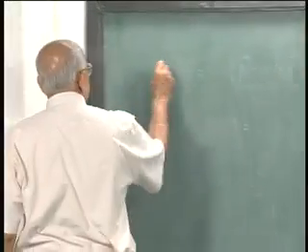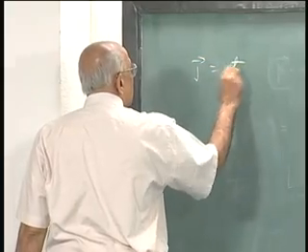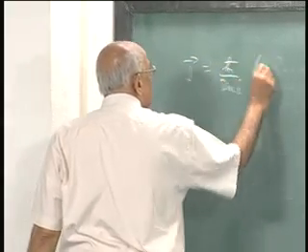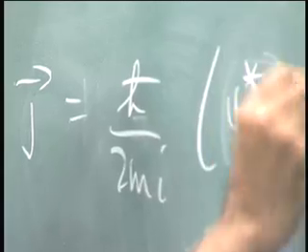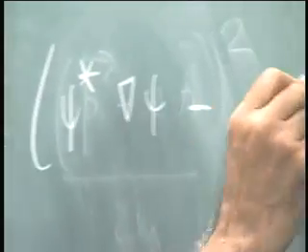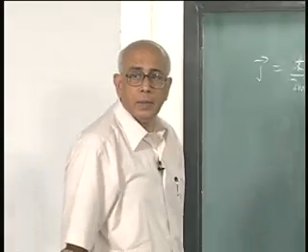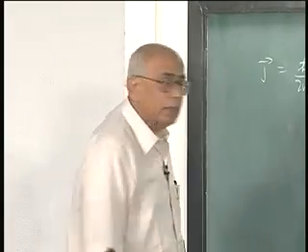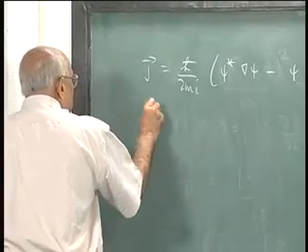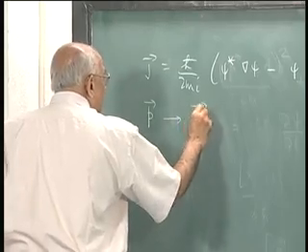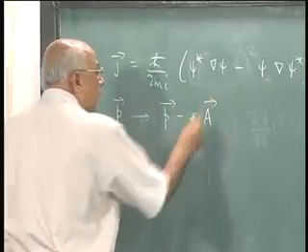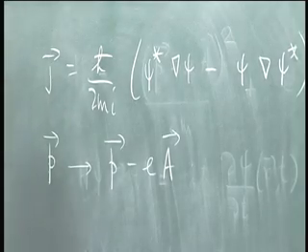J equal to h cross over 2mi, psi star grad psi minus psi grad psi star. Okay. And now I only have to recognize the fact that p goes to p minus eA in the presence of an electromagnetic field.